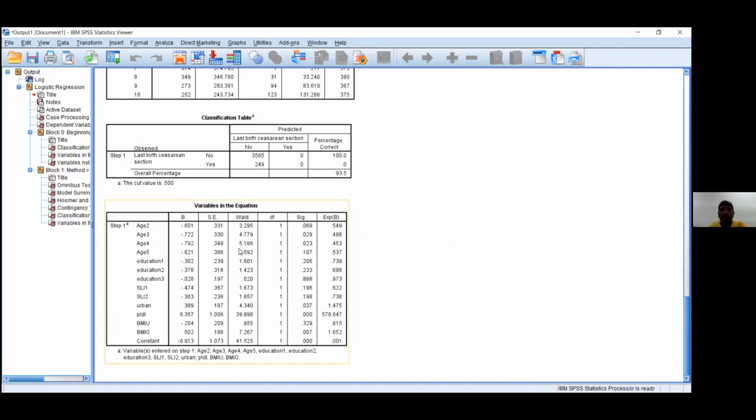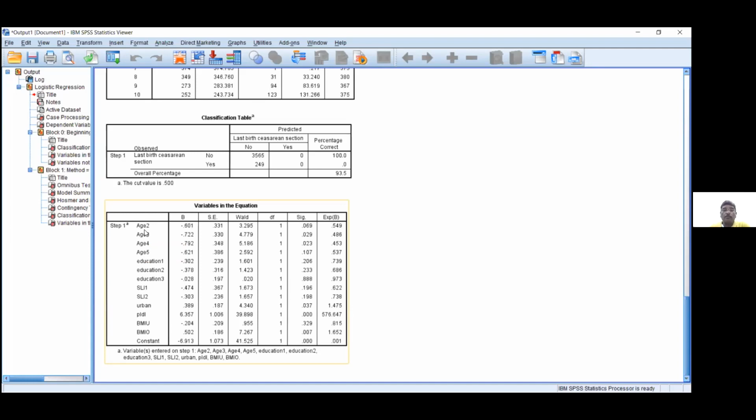So let us see the interpretation of this. Can we increase the size of this? No, I think. Okay, what is age 2? Age 2 is women aged 20 to 25. And the comparison group is age 1, the younger women. What is the chance of getting cesarean delivery for older women in comparison to younger women?